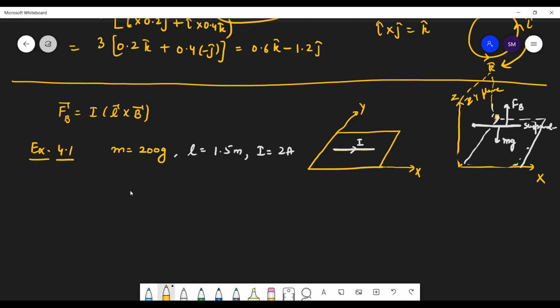So it is suspended in the midair by uniform magnetic field B. What is the magnitude of magnetic field?